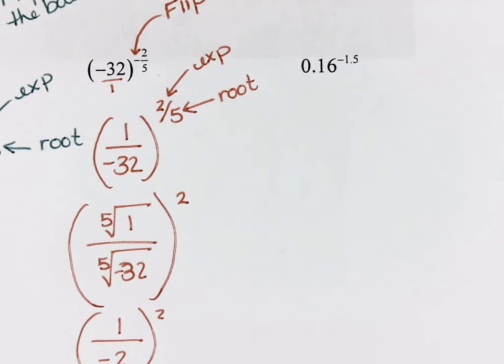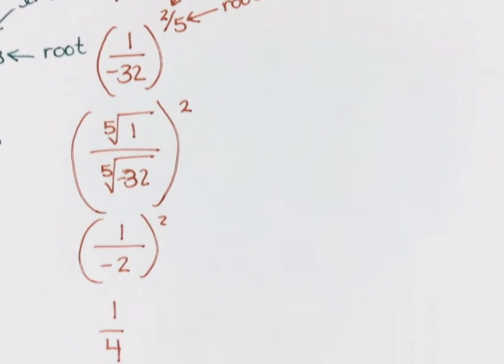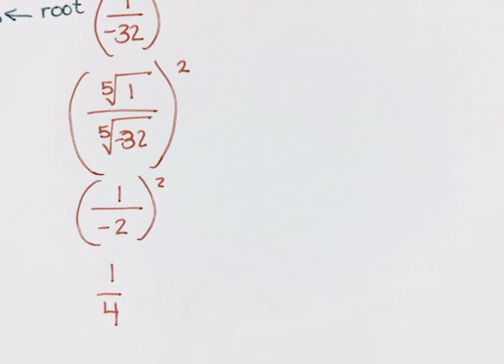That's really important. So then it talks about my exponent of 2, my root of 5. I know 32 is a perfect fifth. So I fifth root the top and the bottom. I get 1 over negative 2, and then I have to square them. And I should get 1/4 as an answer. Easy.